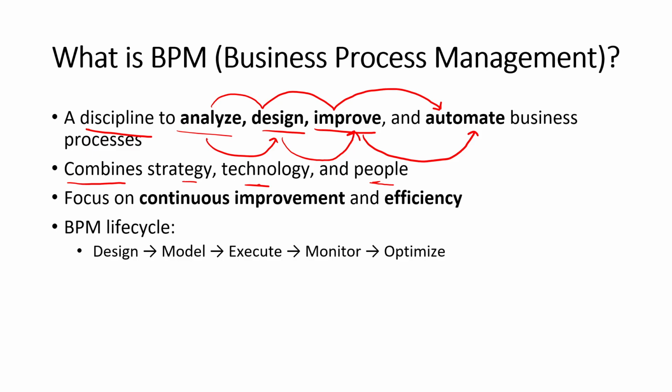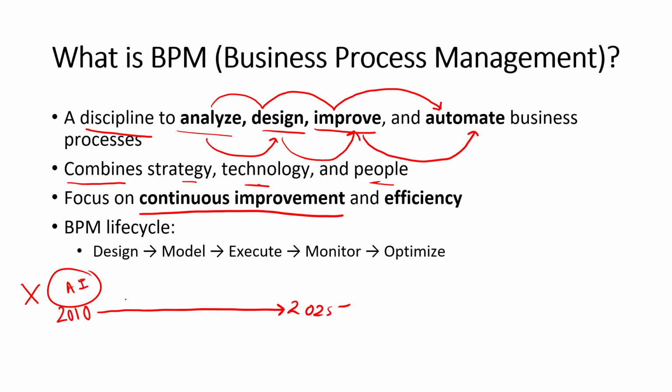Whenever we combine everything and build the process, that will be the optimized and best business process management. It focuses on continuous improvement. Let's say I built a process in 2010, and currently it's 2025 and AI is trending. AI was not in the picture at that time, but now we have the possibility to build the process with the help of AI.